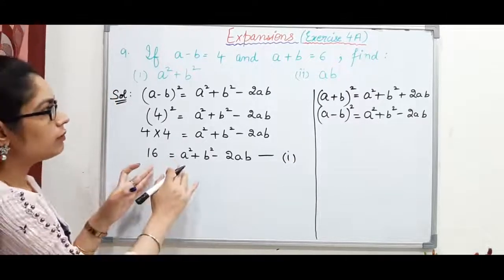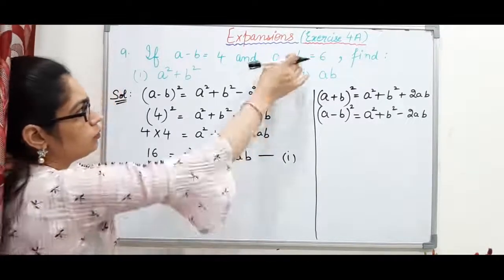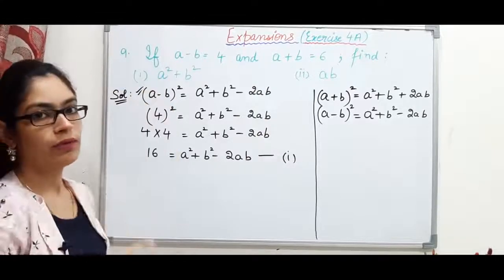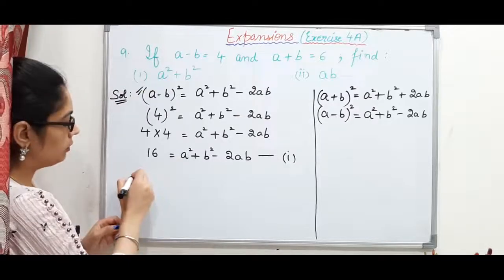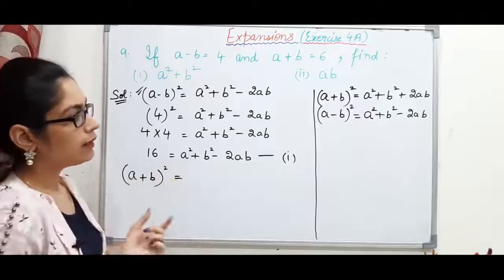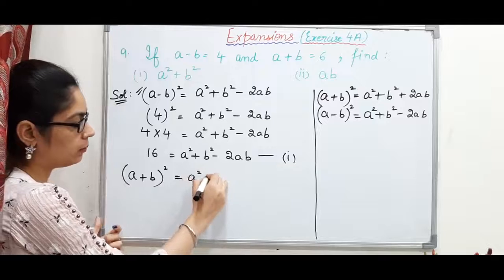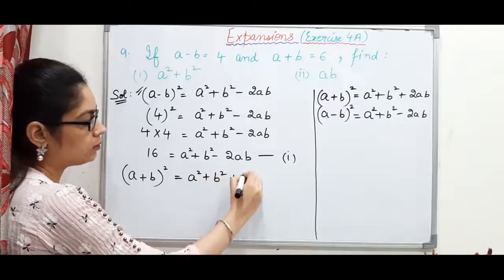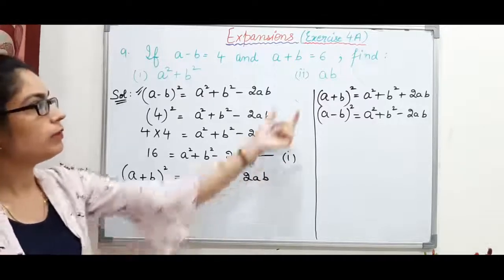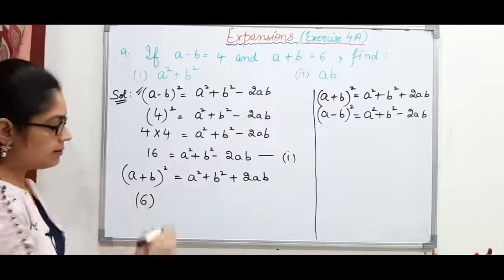Now a plus b is also given to us, so let's make use of this given thing also. Just now I have done the whole square of a minus b. Now I will do the whole square of a plus b. The expansion of a plus b whole square I have already written: a square plus b square plus 2 into a into b. A plus b is given to us as 6, so I will substitute the value of a plus b as 6 here.